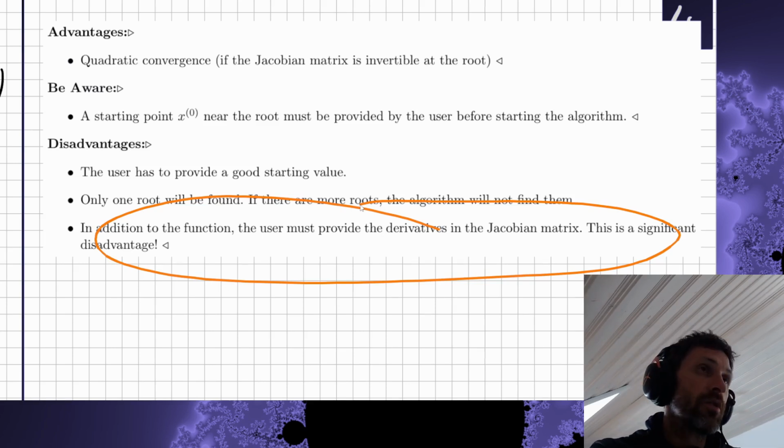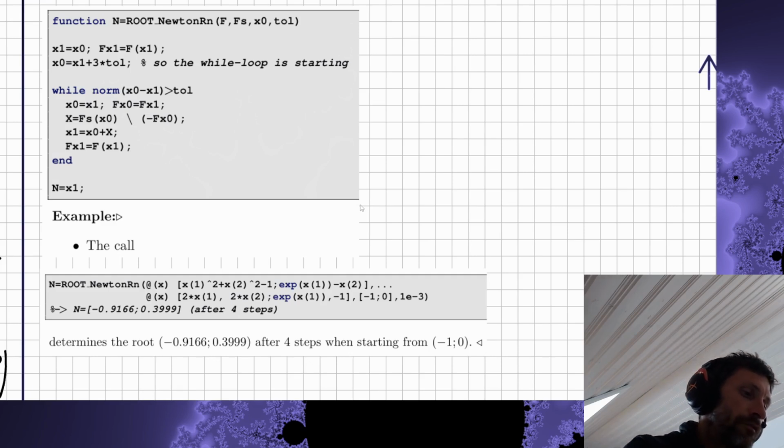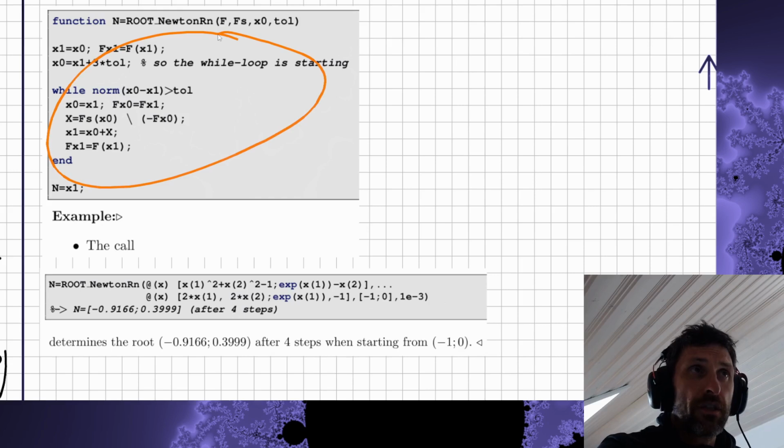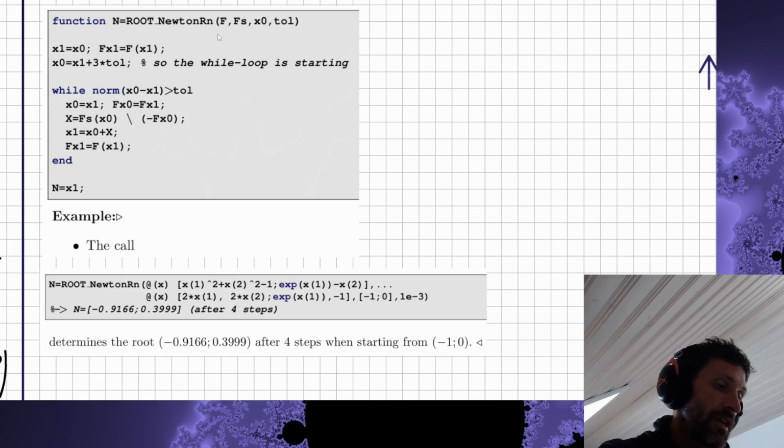But in this section we need a derivative, and in this section it was no problem. This is the MATLAB code, and for me this is a miracle, because we talk about systems and the code is so close to the one-dimensional code that it's unbelievable that this code works also for systems, but it works indeed, okay?